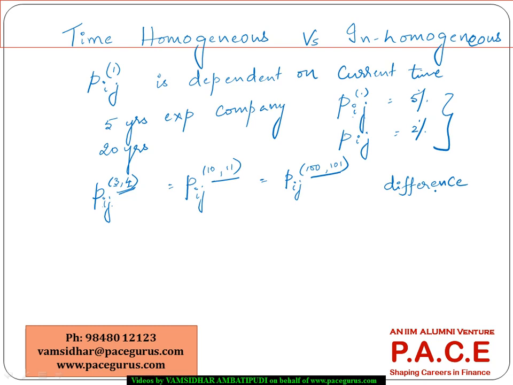For some applications, it is very much required that we go for a time inhomogeneous Markov chain, whereas for a time homogeneous one, obviously I don't need to bother about this, because all I need is a one step, or a two step, or a three step.